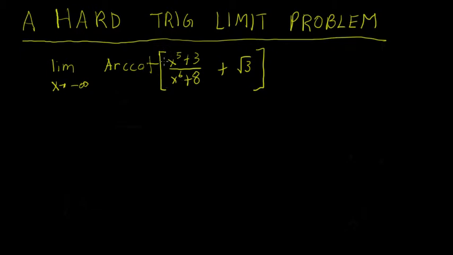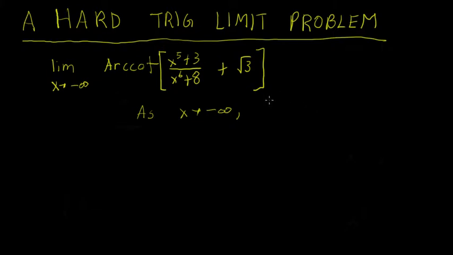Well, we can first look at this expression here. As x goes to negative infinity, this numerator will go to something really big and negative raised to the 5th, which will give you something even bigger and still negative because it's raised to an odd power, and then we'll be adding 3.